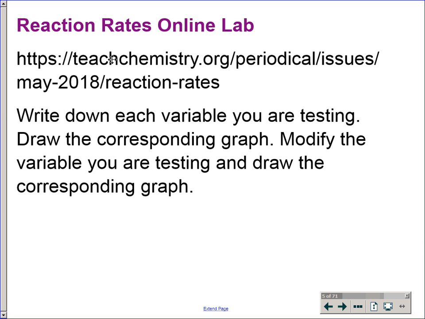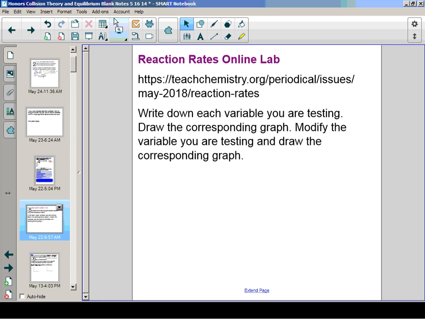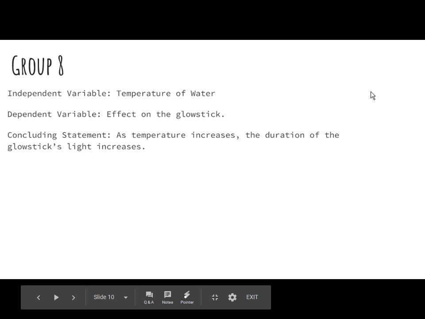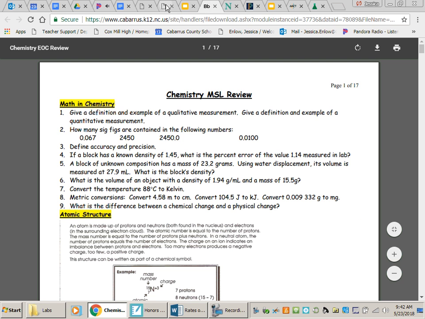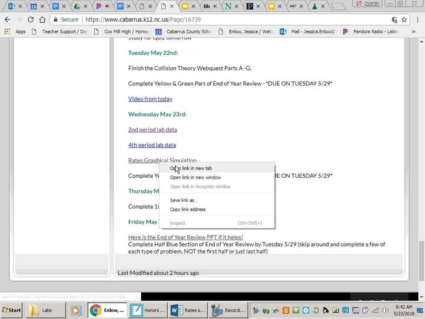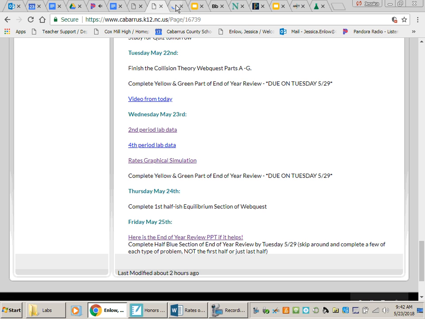I'm going to modify the instructions a little bit. I want you to see a couple of things. Go to my homework website, and go to the rates graphical simulation.